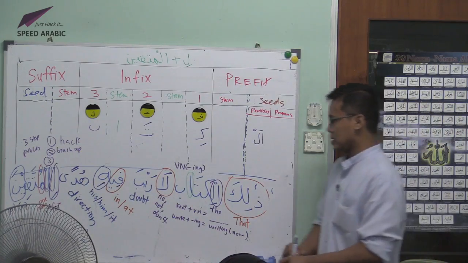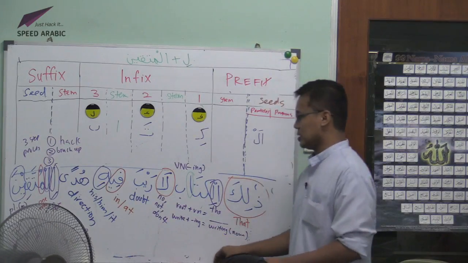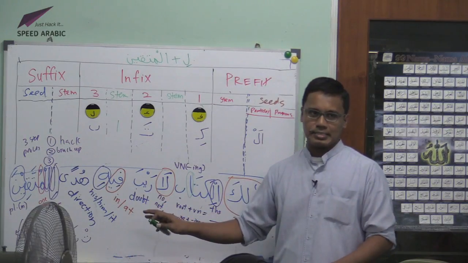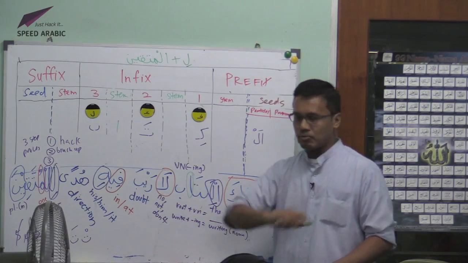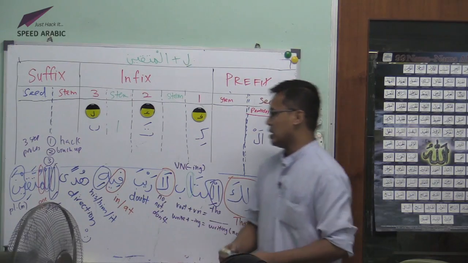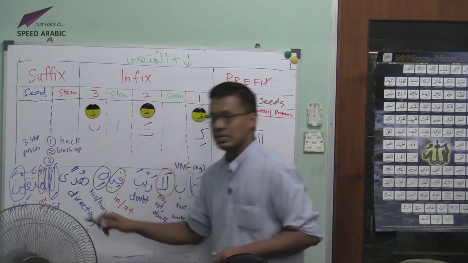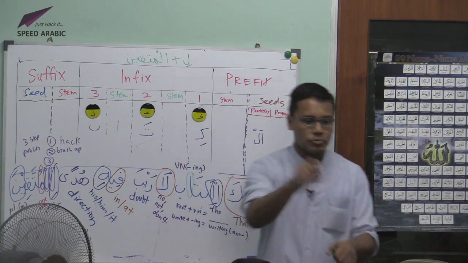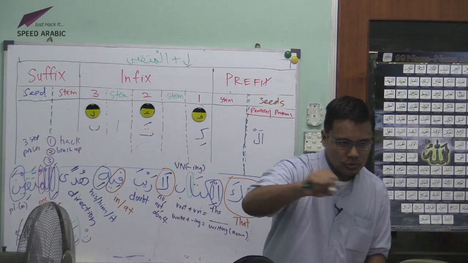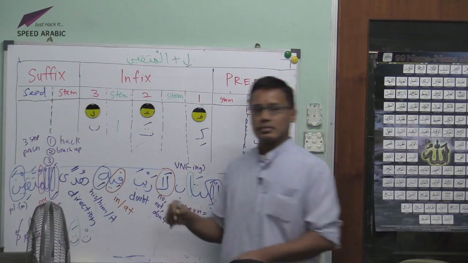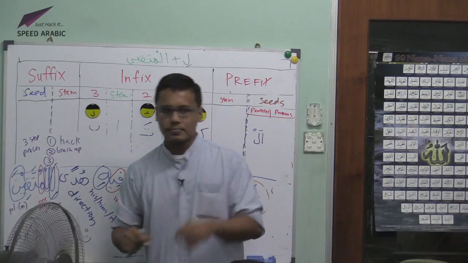Okay. Now this is one of the difficult ones. Okay, I'm going to do it for you. Next time when you have learned it, you will do it yourself. This is an infix. So what you do is the shaddah, you highlight it green.